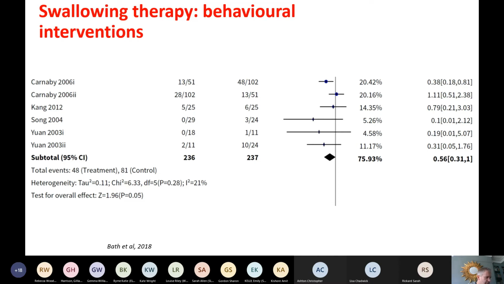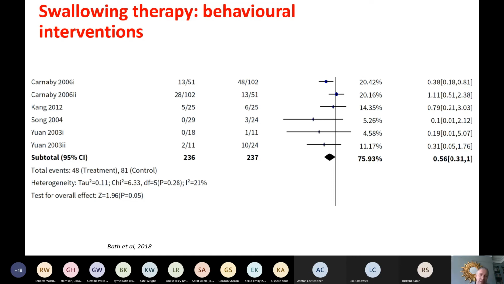But this is a forest plot showing the effect of behavioural interventions for swallowing therapies on the likelihood of developing pneumonia. In stroke patients, with a range of very heterogeneous behavioural interventions, which ranged from nurse-led swallow with oral stimulation, thermal tactile stimulation, exercises or swallow therapies, and things that many of the audience will know a lot more about than I do, overall these do seem to provide a signal of some potential effect on reducing pneumonia, which is very interesting.